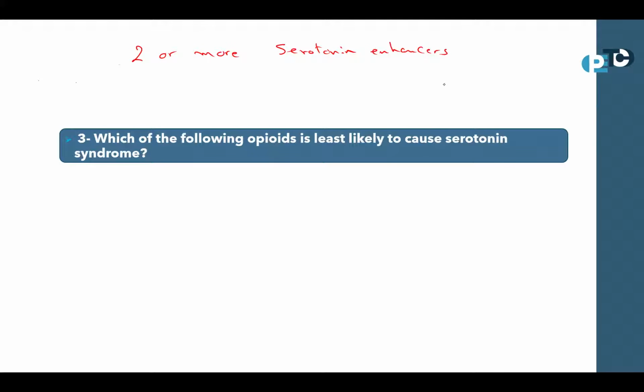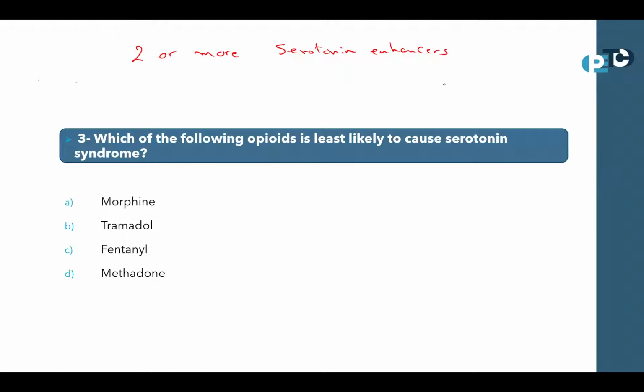Some of the opioids that can cause serotonin syndrome are those that have serotonergic properties, like serotonin reuptake inhibitors. So let us see the choices here. We have morphine, tramadol, fentanyl, methadone.